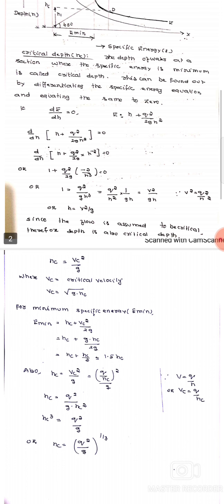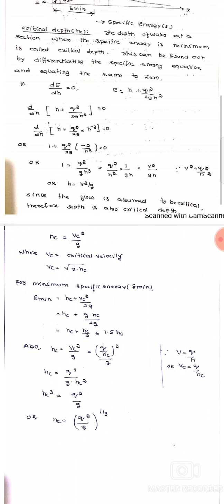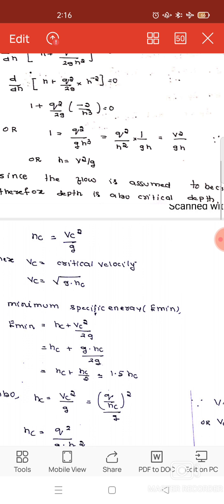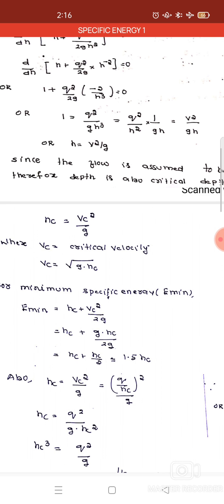Since the flow is assumed to be critical, the depth is critical, and the velocity will be the critical velocity, which occurs only when the critical depth occurs, that is the depth of flow when the specific energy is minimum. So we can write that h will become hc and v will become vc. So hc is equal to v square by g.